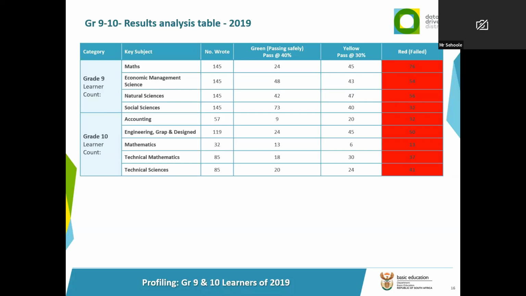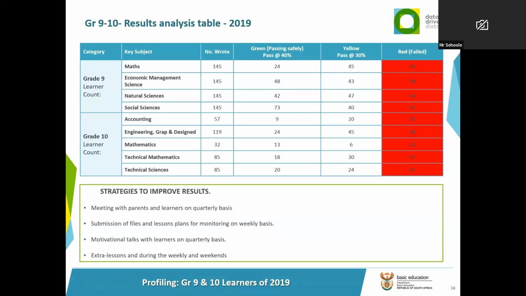For me to know more about the registration of username and password, it was through one of the conferences that I attended in 2017, organized by SchoolNet for that matter. So at least I was able to have this also on my cell phone to know what is happening. So that is why I was able to think quickly and say the DDD Dashboard can assist us.